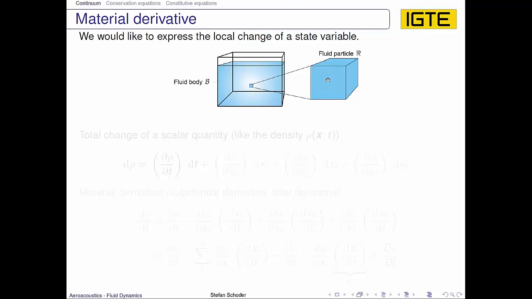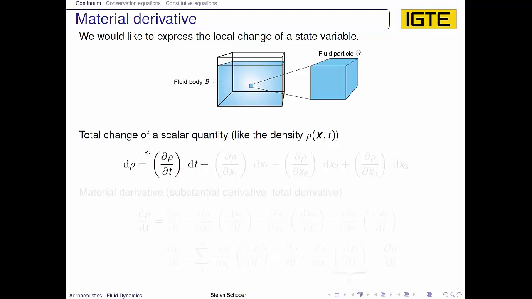Then, based on this definition, we can define the total change of a scalar quantity. It also can be defined for any tensor quantity, the total change. Here we use density. So the total change of the density is a sum of the partial changes.